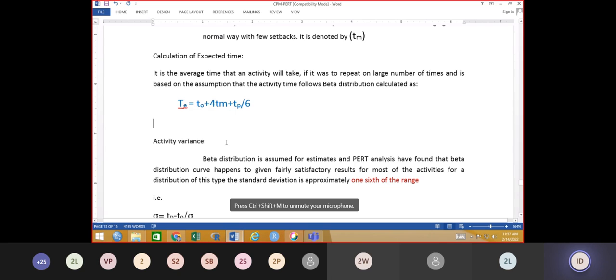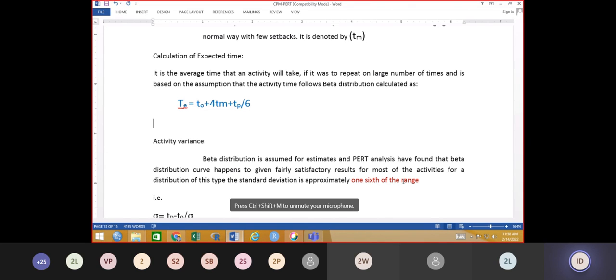Beta distribution and variance are concepts of statistics. In a variance, if there is a bell-shaped graph, it may be a one-tail distribution or two-tail distribution, meaning left tail, right tail, or center distribution.